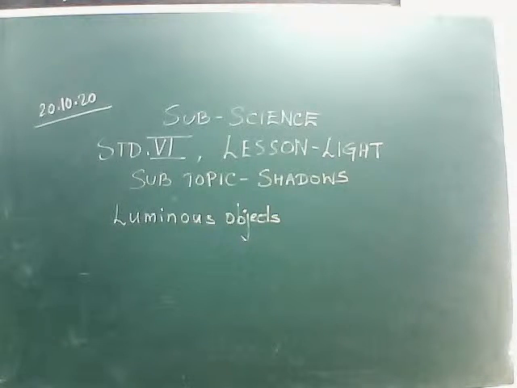Such objects are called luminous objects. Metals shine, and that is different, isn't it? Here luminous means objects that give out their own light.